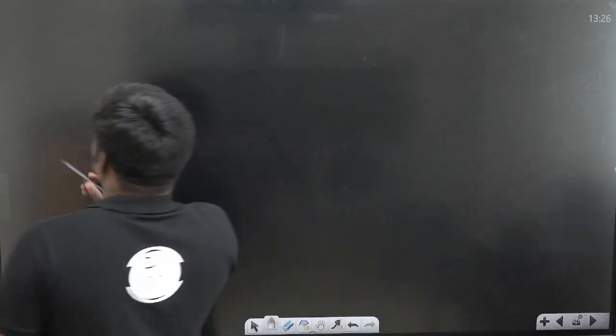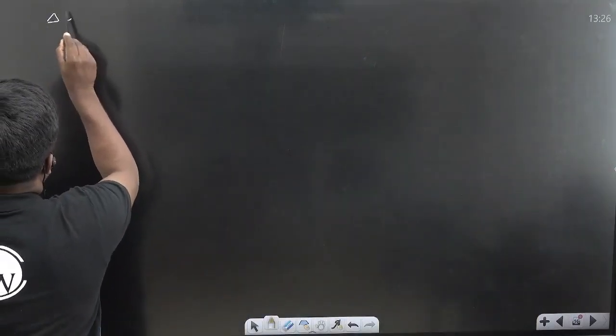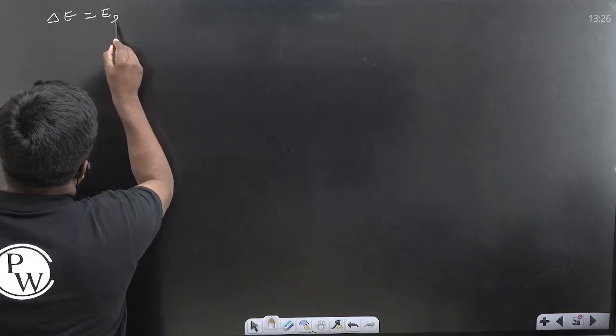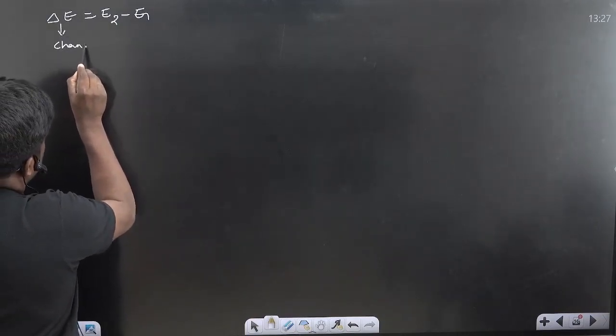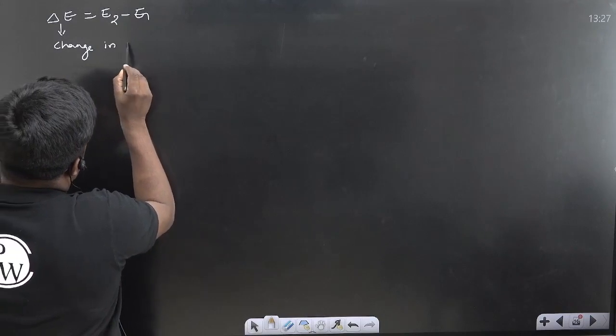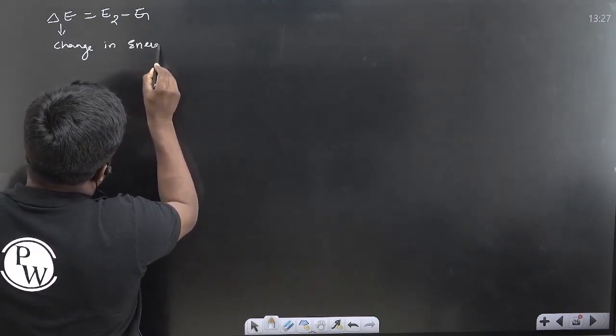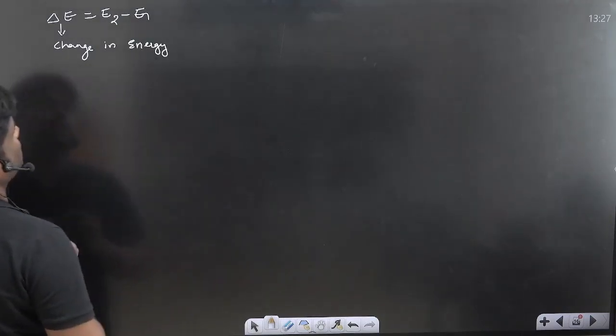So during excitation and de-excitation of the electron, the change in energy, delta E, is equal to E2 minus E1. Delta E is the change in energy during excitation and de-excitation.